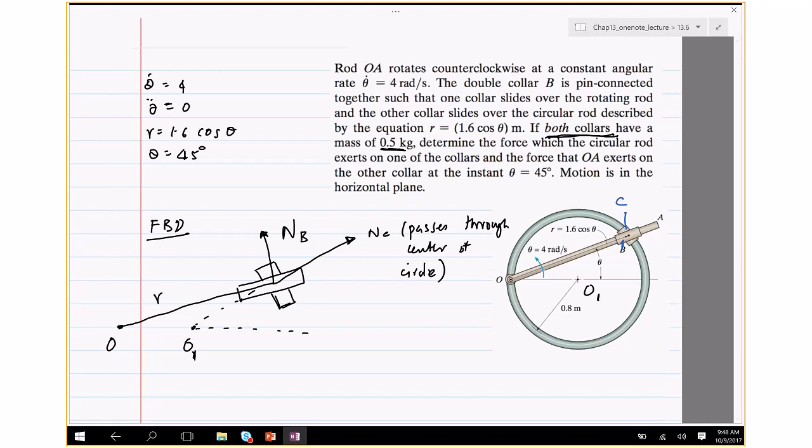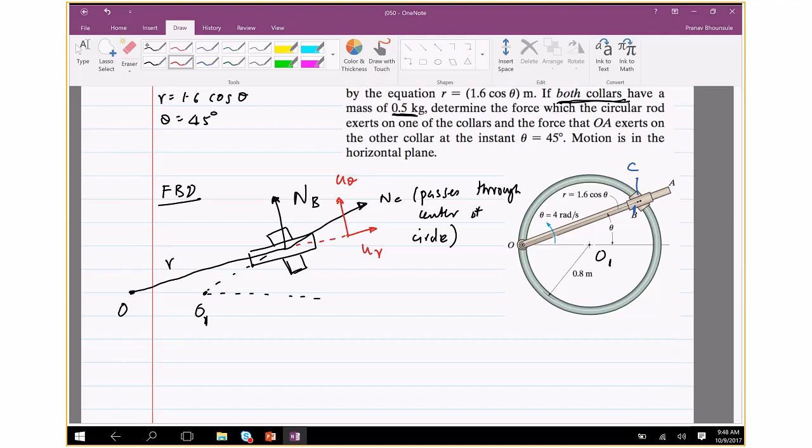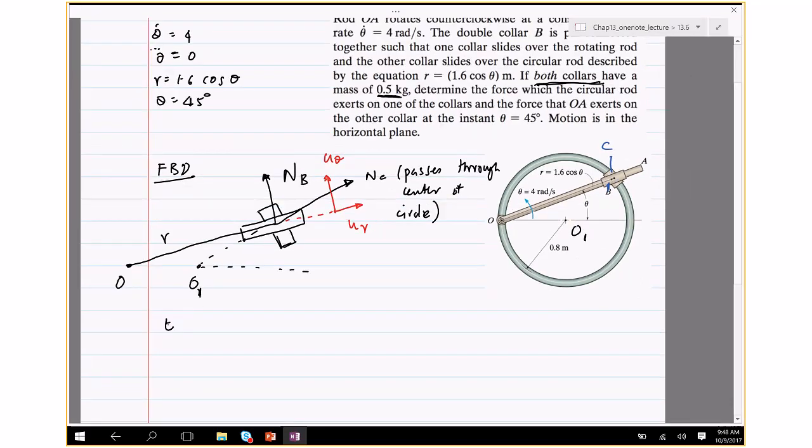Okay, so cylindrical coordinates, I need to establish the coordinate frame. In this case, the coordinate frame is going to be along UR and U theta. This is UR. So next thing is to write the equations of motion. So NB is in the theta direction, so I just write the equation first in the theta direction.